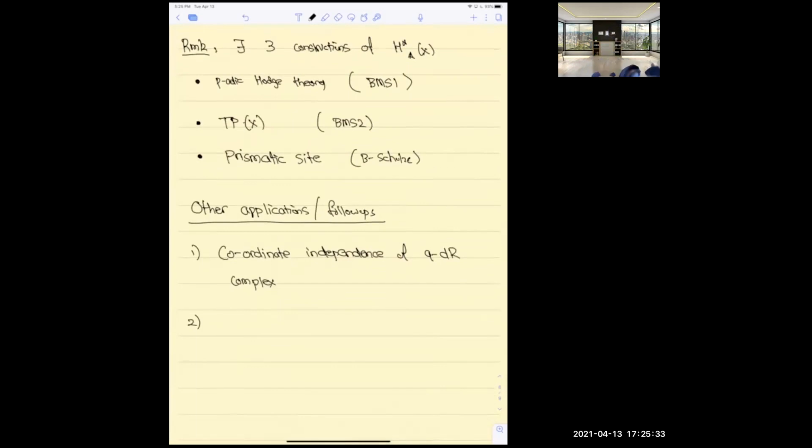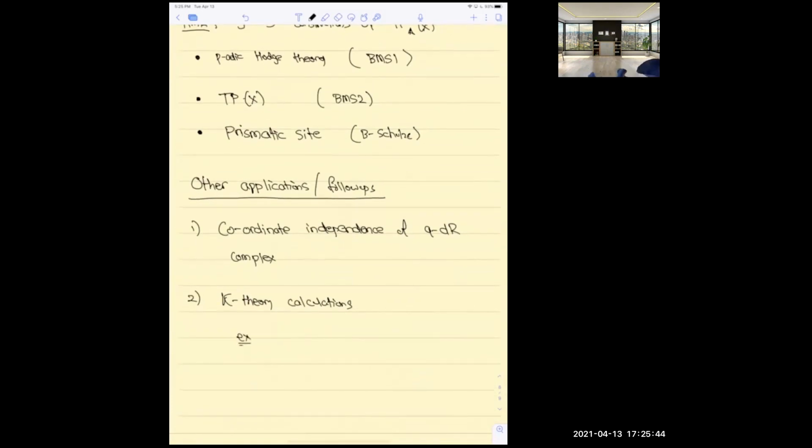Other things one can do with it are, maybe it's not surprising, K-theory calculations. Maybe I'll just mention one sample calculation that comes out of it, just to write down an actual theorem. The theorem is the following.